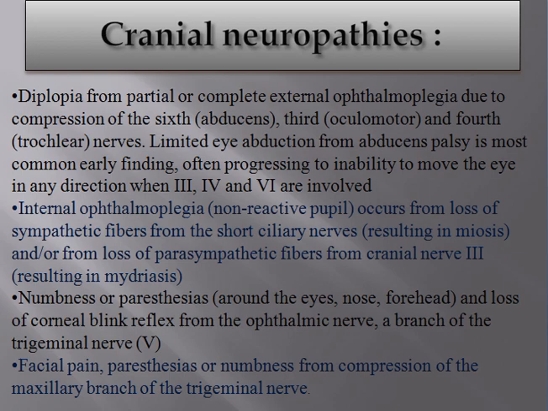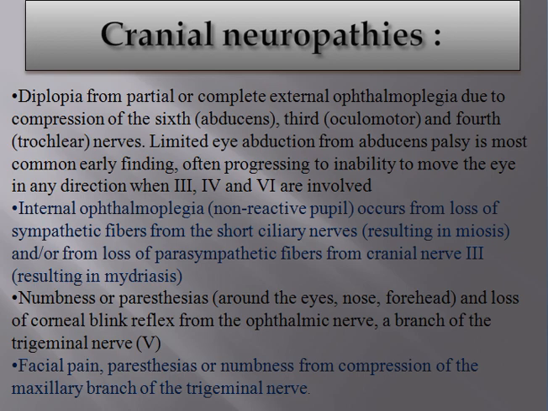from partial or complete external ophthalmoplegia due to compression of the sixth abducens, third oculomotor, and fourth trochlear nerves. Limited eye abduction from abducens palsy is the most common early finding, often progressing to inability to move the eye in any direction when the third, fourth, and sixth are involved.